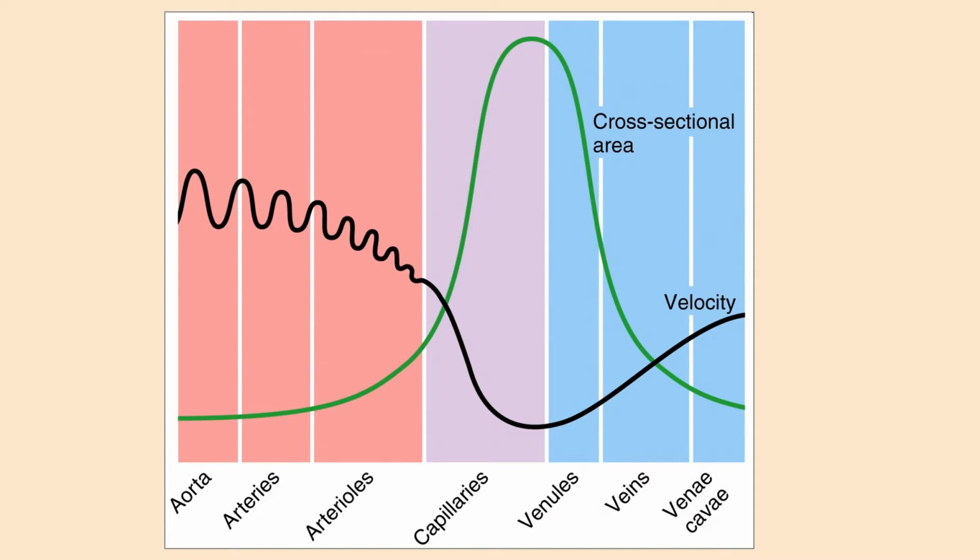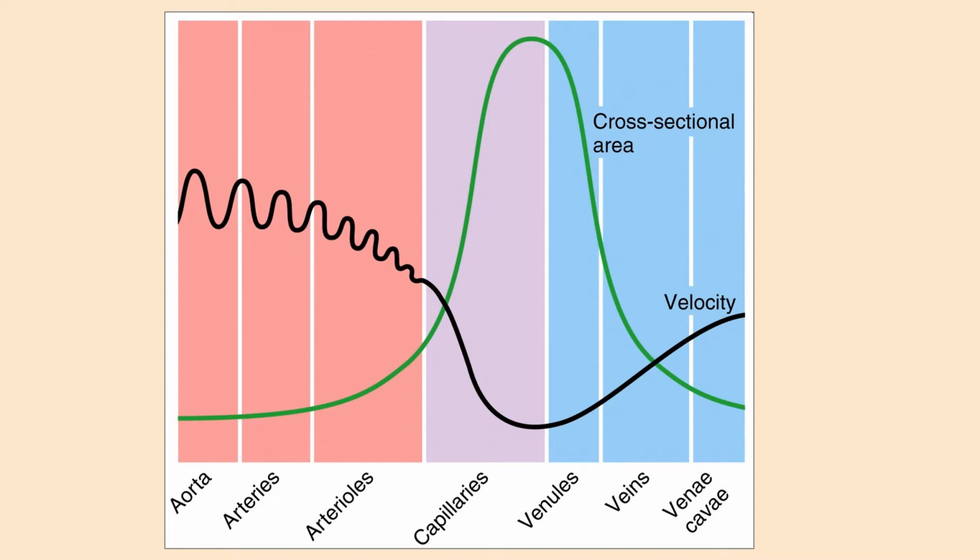Looking to the green line, it represents cross-sectional area, and we can think about that as a reflection of the amount of surface area offered by each type of vessel in the body. And so the large vessels near the heart, the aorta, the arteries, and the arterioles, have a much smaller amount of cross-sectional area relative to the capillaries.